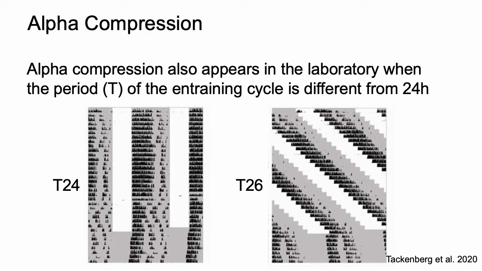It's slanted here because the window is still 48 hours; the width of this image is 48 hours. That's why it all looks delayed. But you can use your eyeballs and see a clear compression of the alpha phase. The black ticks are much narrower than in the 24-hour period. So this is an interesting phenomenon.